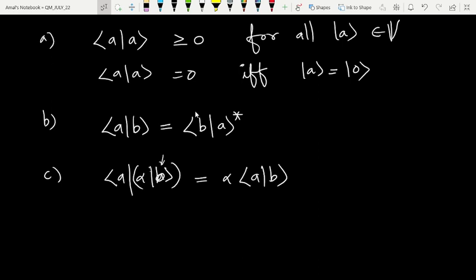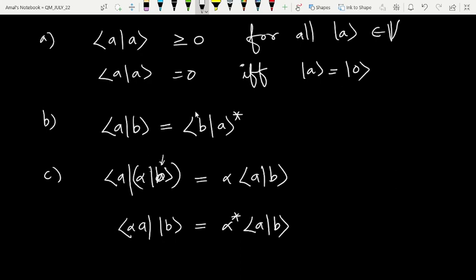But if a scalar is multiplied on the first vector, and then the inner product is taken with the second vector, this is equal to alpha star times the inner product of A with B. So this complex conjugate comes from the definition of the second property.